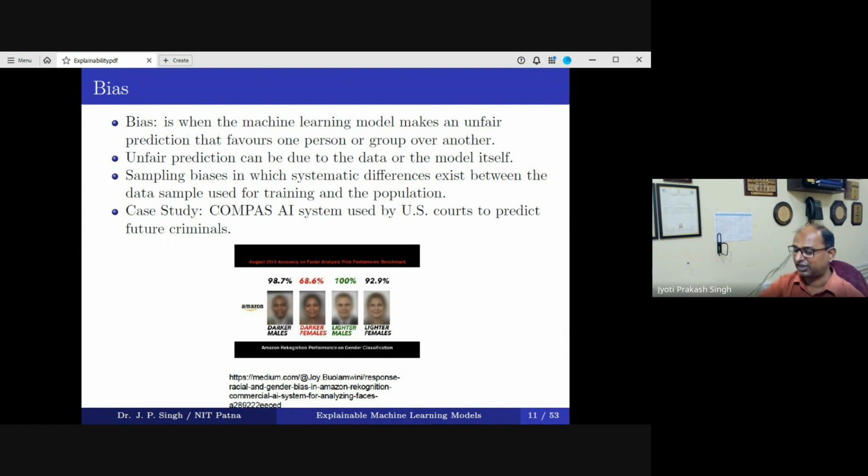This has already been seen in the models. This is another very important issue, and in healthcare applications or legal systems, it has to be taken care of before machine learning models are really utilized in a real sense.